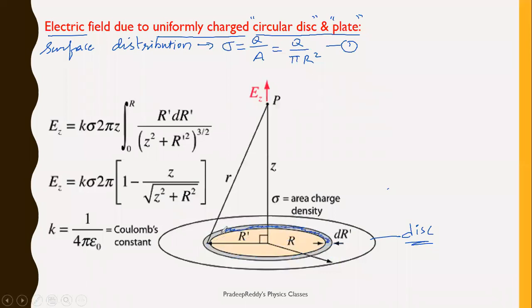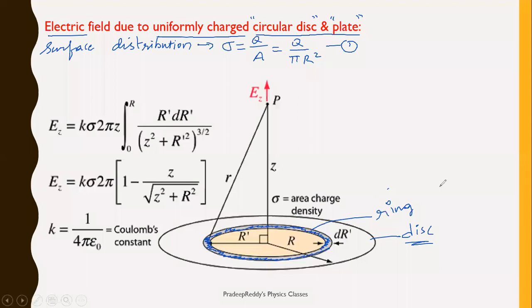If you cut that disc into very small portions, what do you get? You will get a ring, right? This is a ring. Is it not? When you cut a disc into very small elements, that element is nothing but a ring.